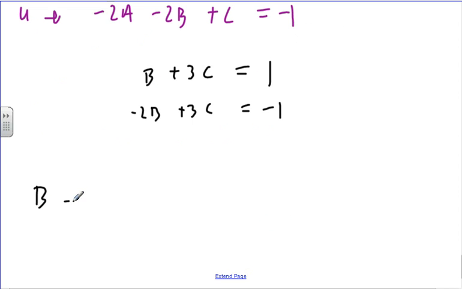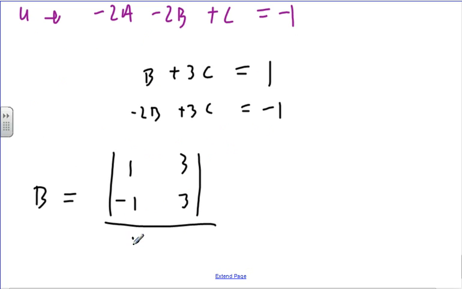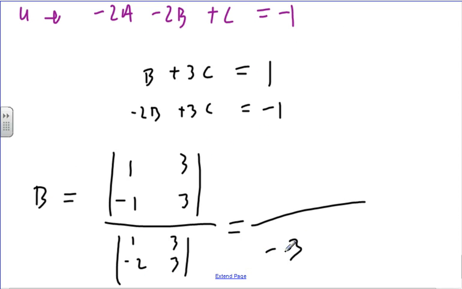And b is equal to 1 minus 1, 3 divided by 1 minus 2, 3. Okay, on the bottom here I've got 3, I got a minus 3, so 3 plus another 3 is 6. So this is, I got minus 2 for b.